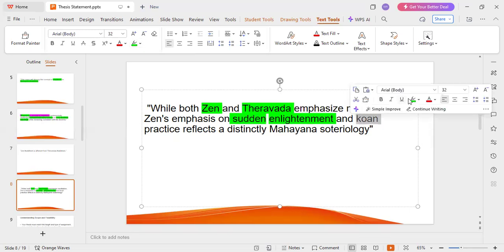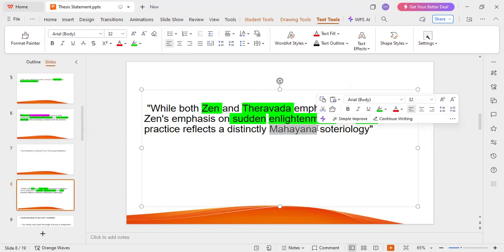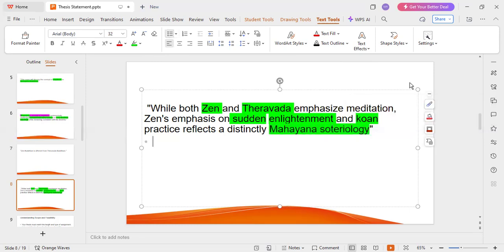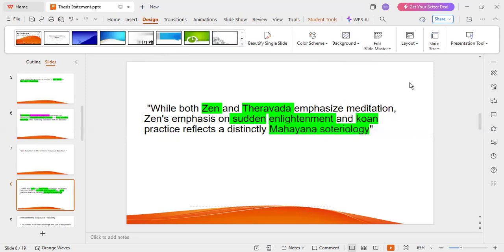You can research Kon specifically, and then Mahayana, and then soteriology, that means the existing scholarship based on salvation, right? So likewise, you can see several keywords here.